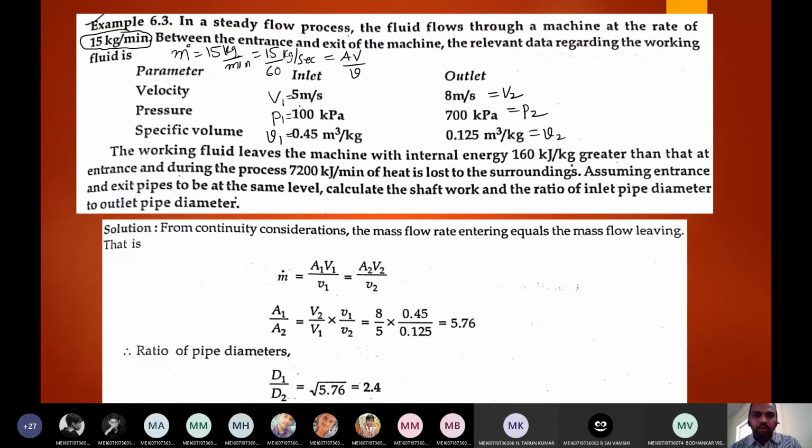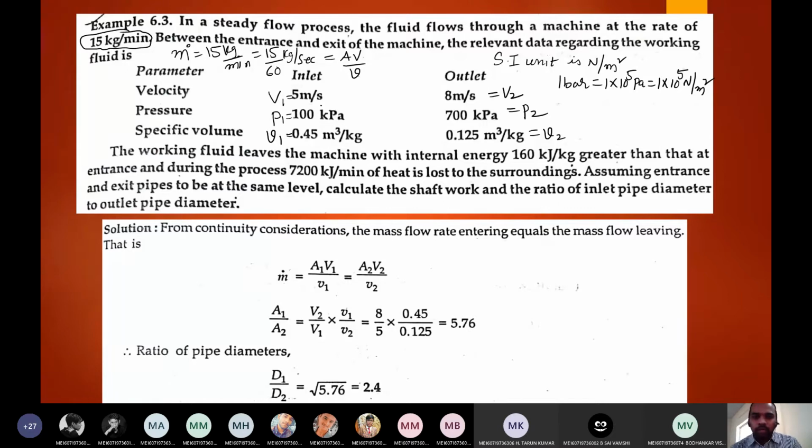But pressure, what is the SI unit for pressure? The SI unit is Newton per meter square. As we know, 1 bar is equal to 1 into 10 power 5 Pascal, which is also equivalent to 1 into 10 power 5 Newton per meter square.